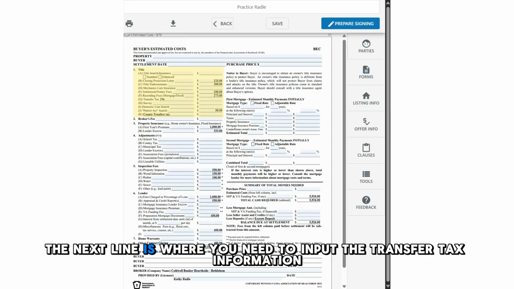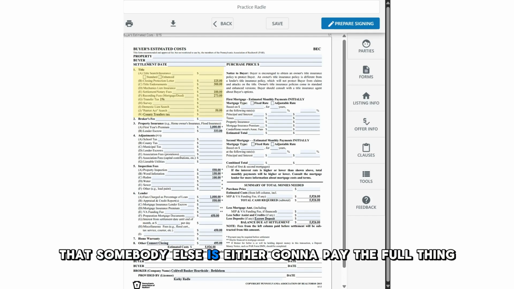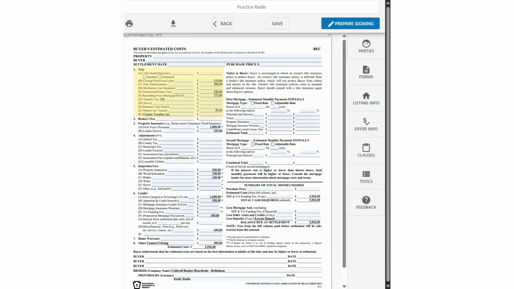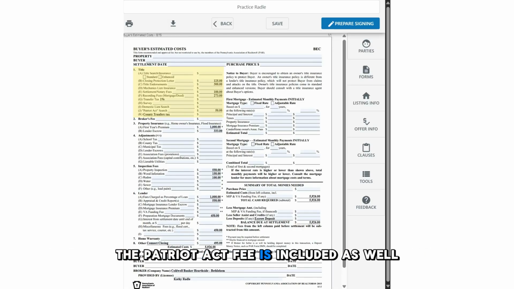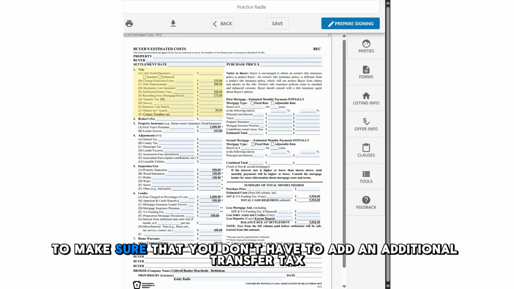The next line is where you need to input the transfer tax information, 1%, unless it's been agreed upon that somebody else is either going to pay the full thing or that the buyer will pay both sides of the transfer tax. The Patriot Act fee is included as well. And lastly, if there is an additional transfer tax, again, check the charts to make sure that you don't have to add an additional transfer tax.